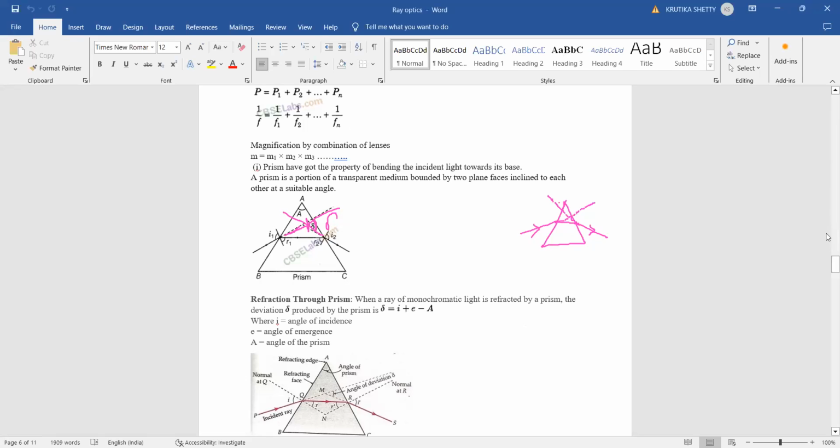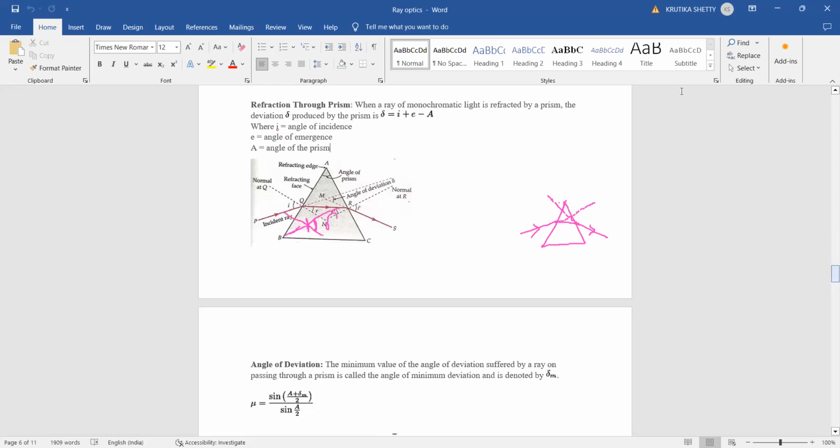The refraction through the prism, its derivation, is important from the board exam point of view also. You can see here we have the angle of incidence, angle of refraction, angle of emergence, and angle of deviation.